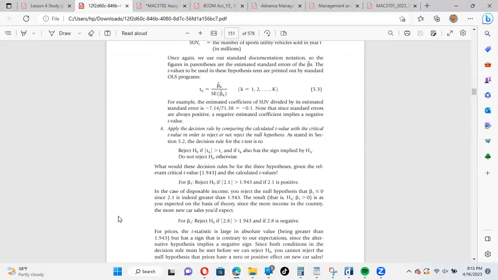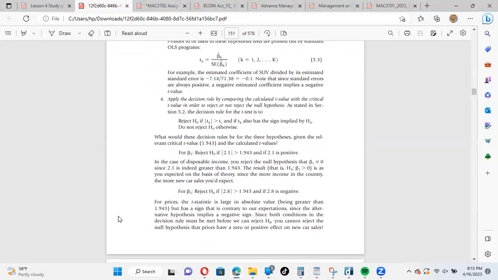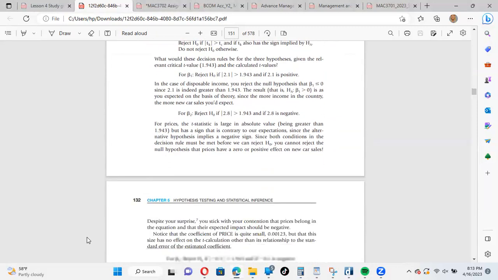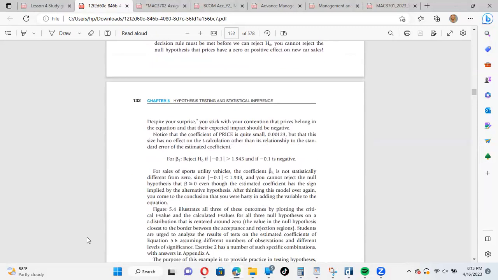You can see for the first one, we are rejecting the null hypothesis because the absolute value of that is greater than the critical value, and again we are rejecting that there. That's basically what we've been doing.